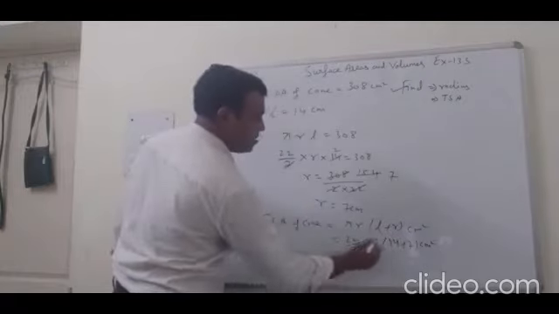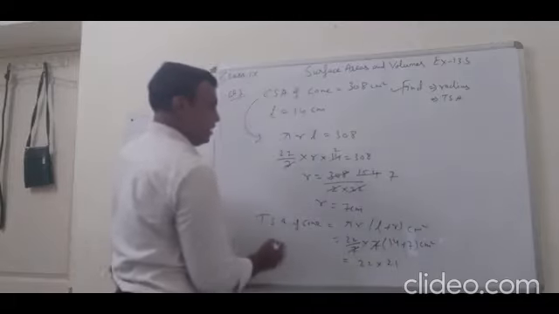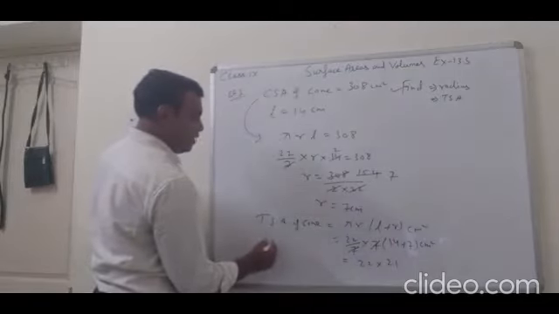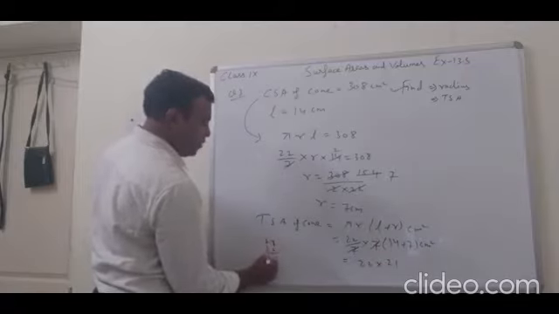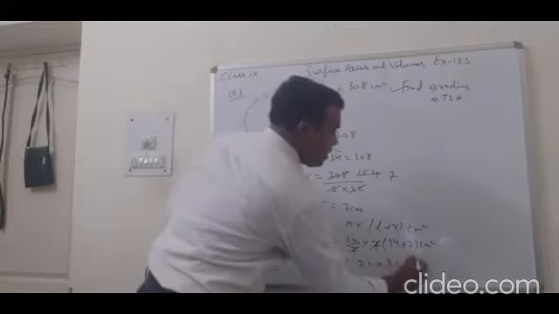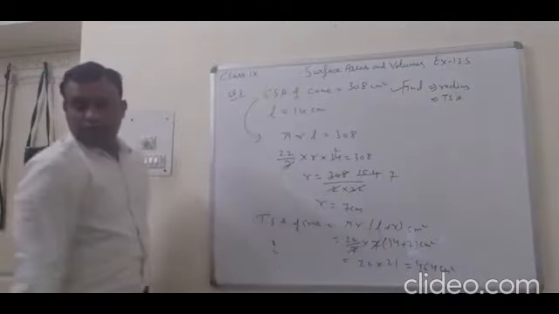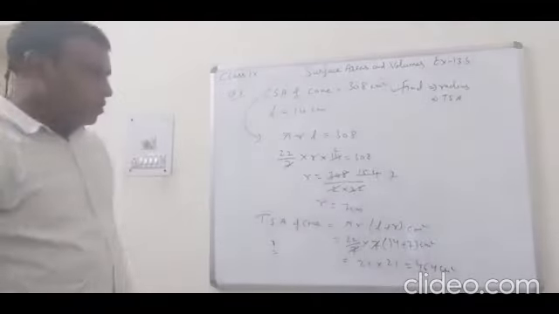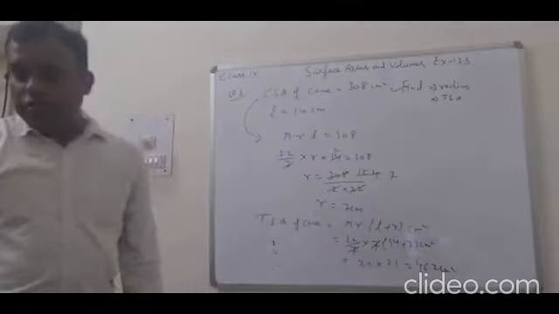So 7 7 cut, 22 into 21. If you multiply it, you will get 21 into 22, so 462 centimeter square.